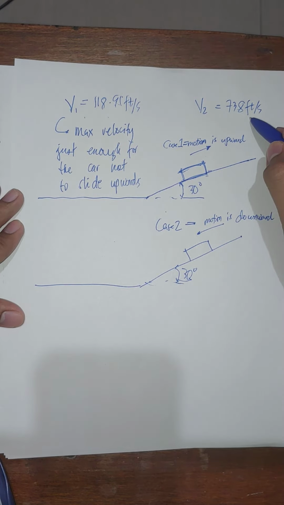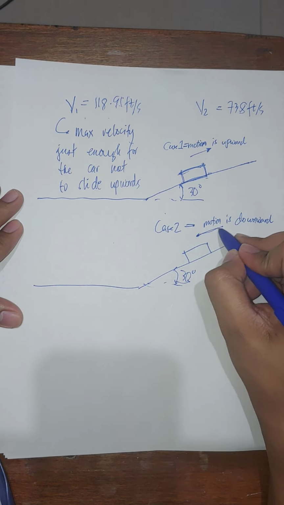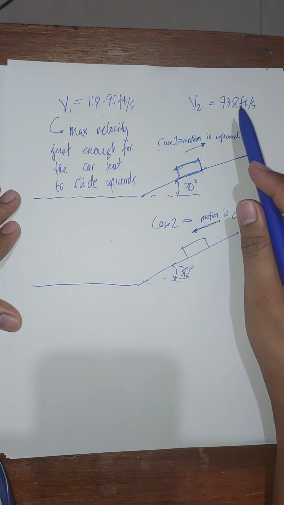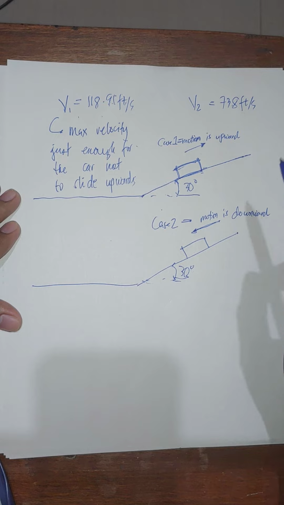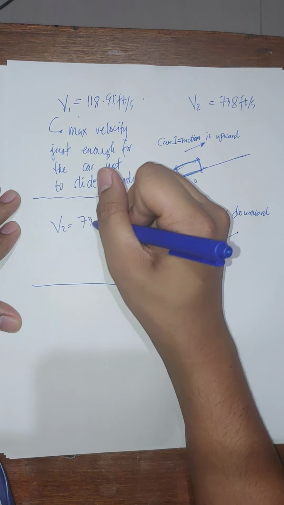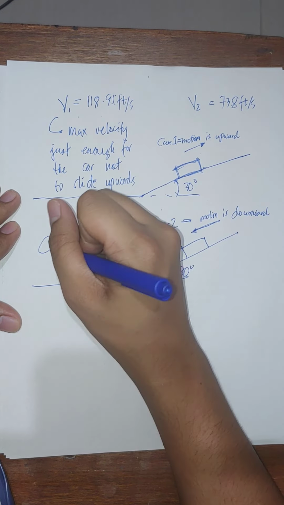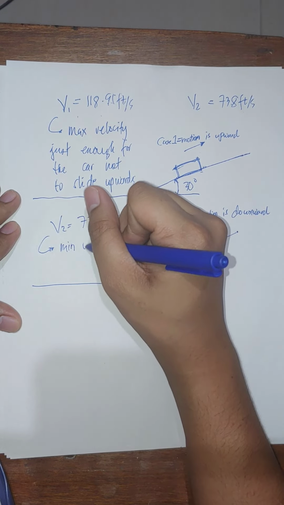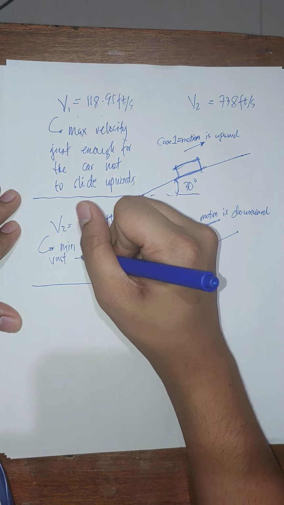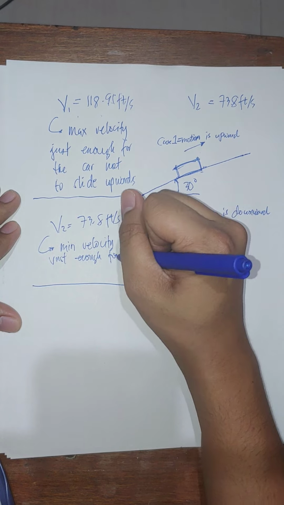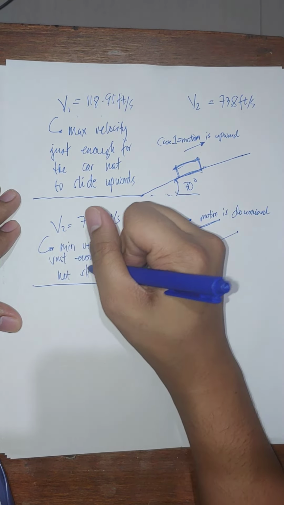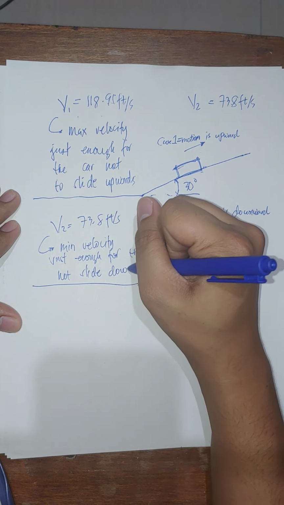How about this one? Here, the motion is assumed to be downward. So this is just the velocity that is just enough. Our V2, which is equal to 73.8 foot per second, is the minimum velocity, just enough for the car not to slide downwards.